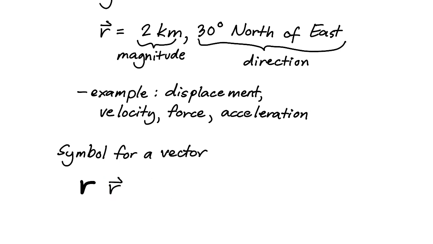Now some books use both. Naka-boldface tapos may arrow din sa taas. Pero for simplicity sa ating discussion, we will use yung letter lang with arrow. So pag may nakita kayong ganitong symbol, letter, tapos may arrow sa taas, that is a vector.